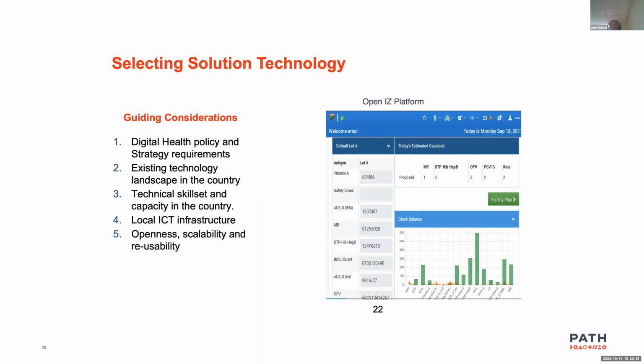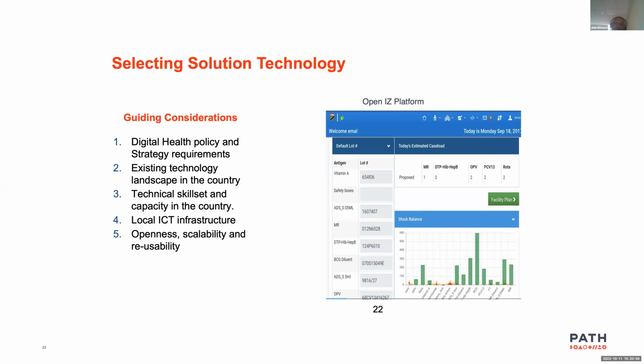And the other thing is not only the infrastructure or the technology, you also need to look at the available human resource in your country, the skills and capacity, to see if they really have the capacity to sustain and support the technology in the long run. And the other thing to also look at is local ICT infrastructure.